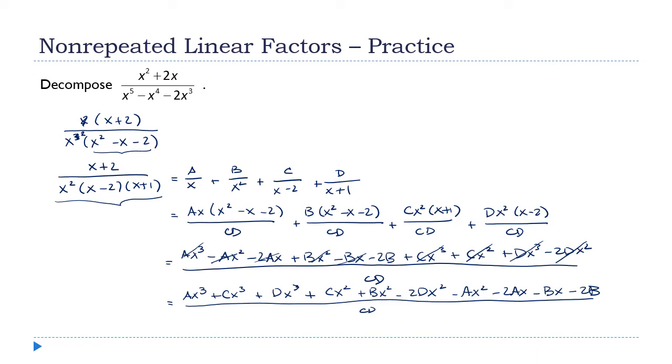All right, so the tops are x plus 2 equals a plus c plus d x cubed plus c plus b minus 2d x squared plus minus 2a minus b x minus 2b. Wow.